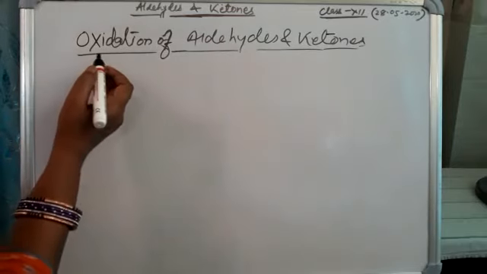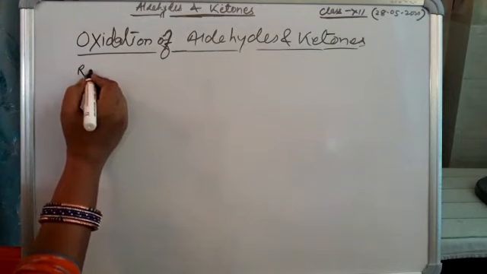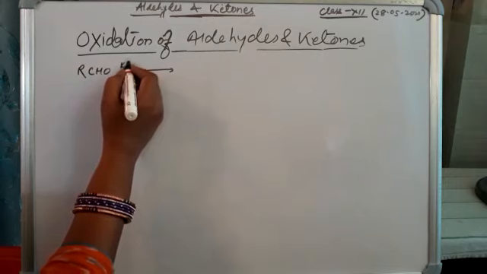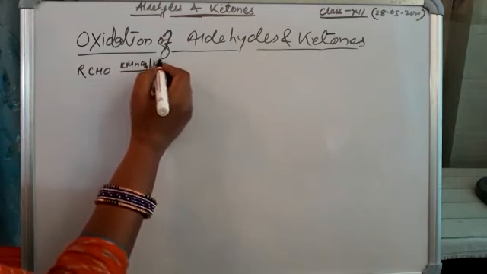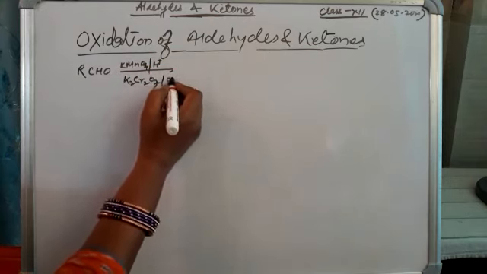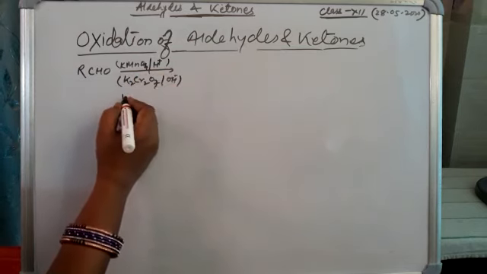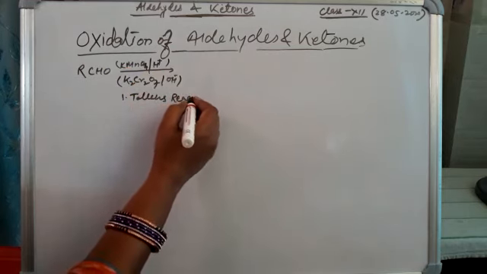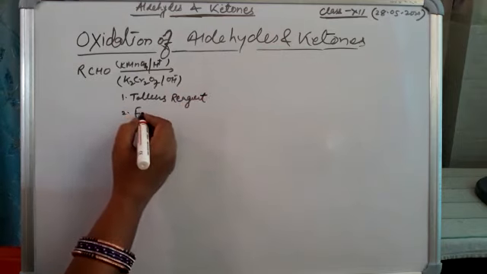Now our next topic is oxidation of aldehydes and ketones. As we know, aldehyde is treated with a number of reagents like KMnO4 in either acidic or basic medium, K2Cr2O7 in either acidic or basic medium, and Tollens reagent, Fehling reagent.